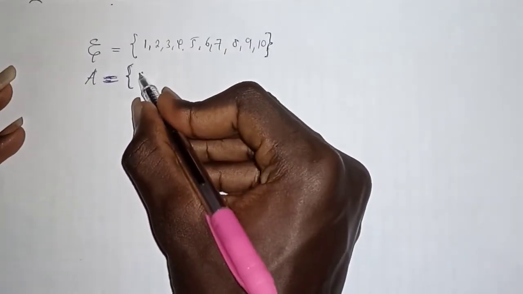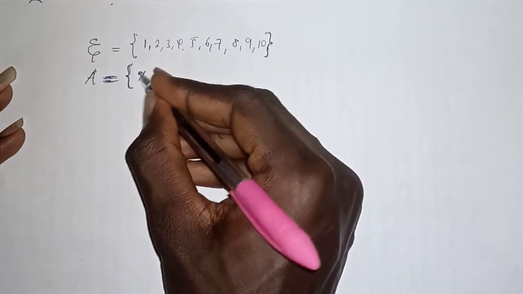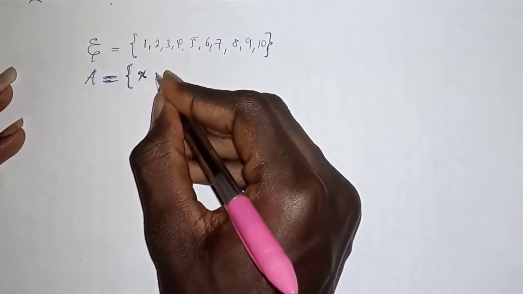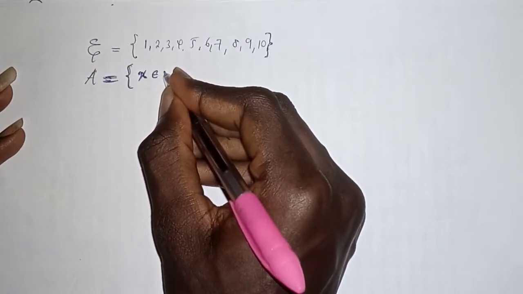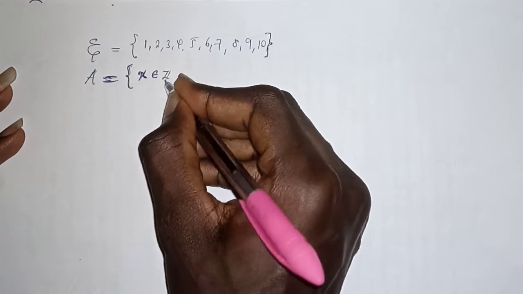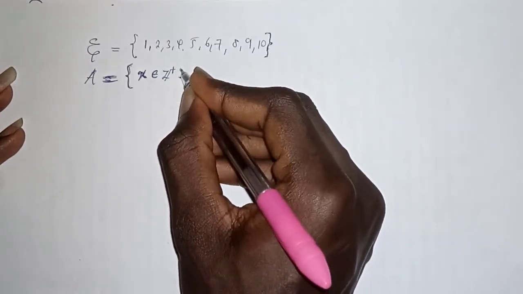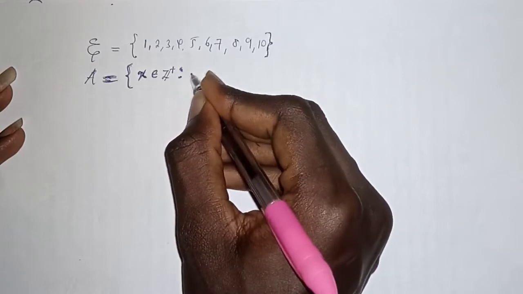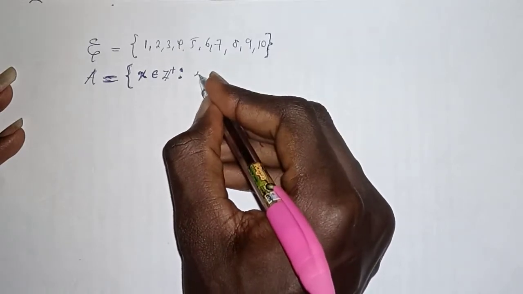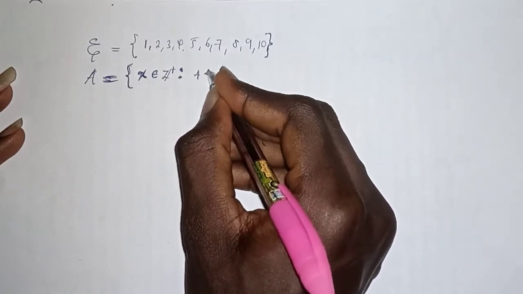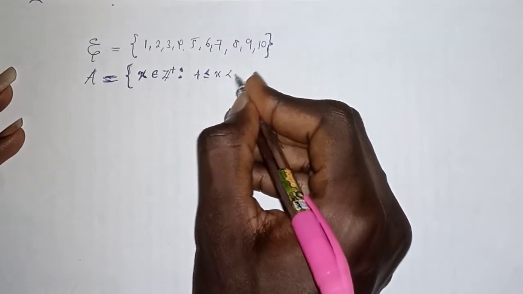this kind of question that exists as, okay, x is a member of positive integers, such that, let's say we have 4 is less than or equal to x is less than 9.